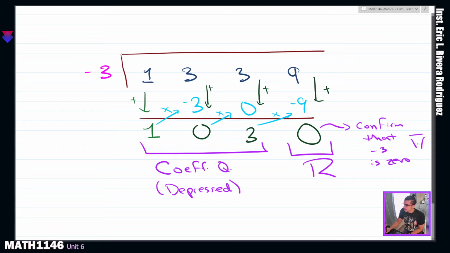So this here is important. If you are not getting 0 here after doing this division, that means that the number that you selected is not a 0, or you did something wrong in the synthetic division. Okay, so this 0 is important. You want to have this 0 here. All right. Any questions so far?